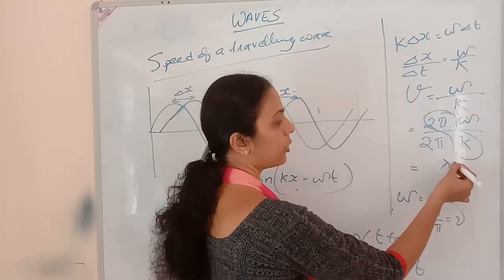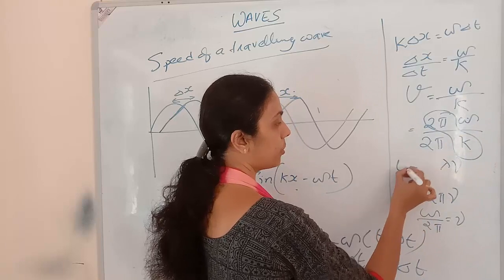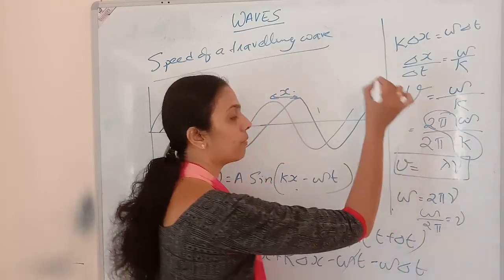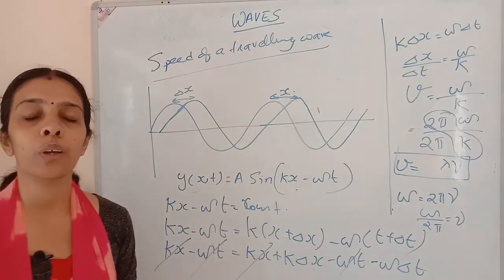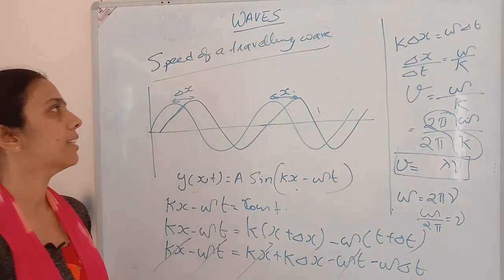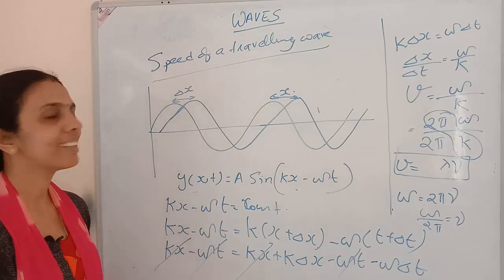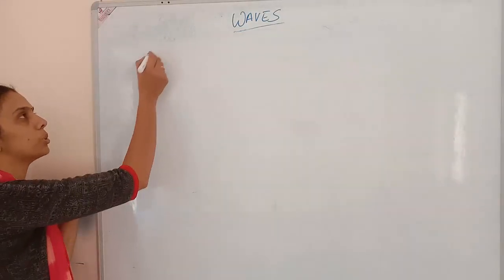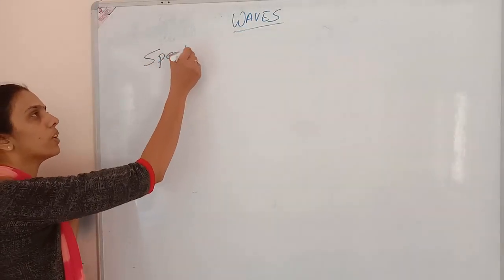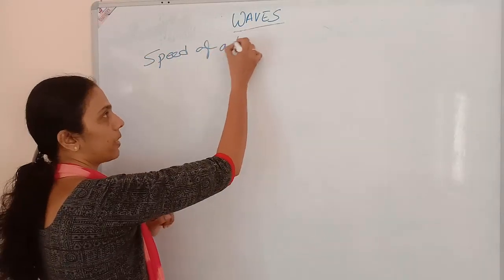So omega by 2 pi is nu. So we are getting another formula, v equals nu lambda. This is the speed of a traveling wave. Clear?